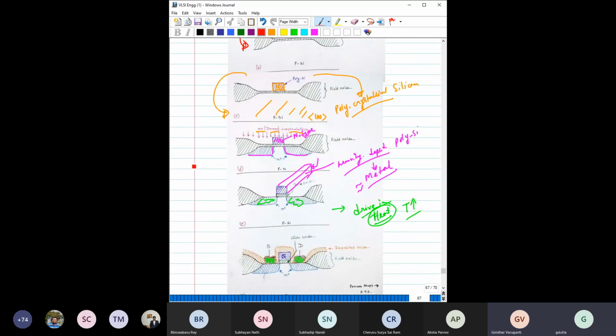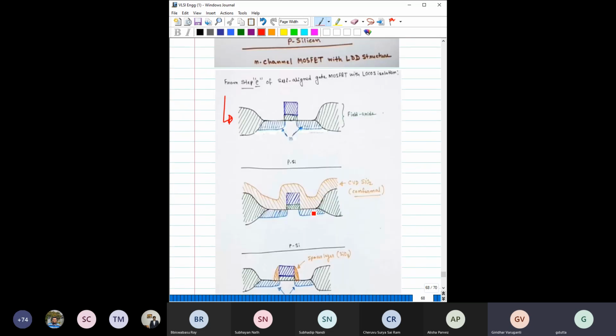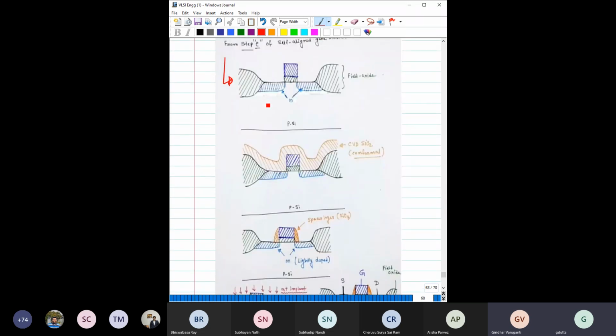So this is basically that structure. Up to this part is common, and we are starting from this part onward. Start with this, which is step E for the self-aligned gate process. Then deposit CVD, or chemical vapor deposition, silicon dioxide.